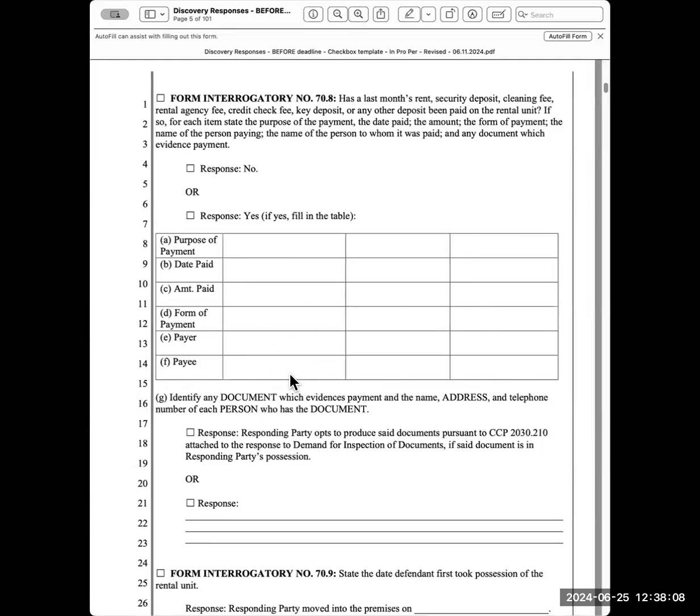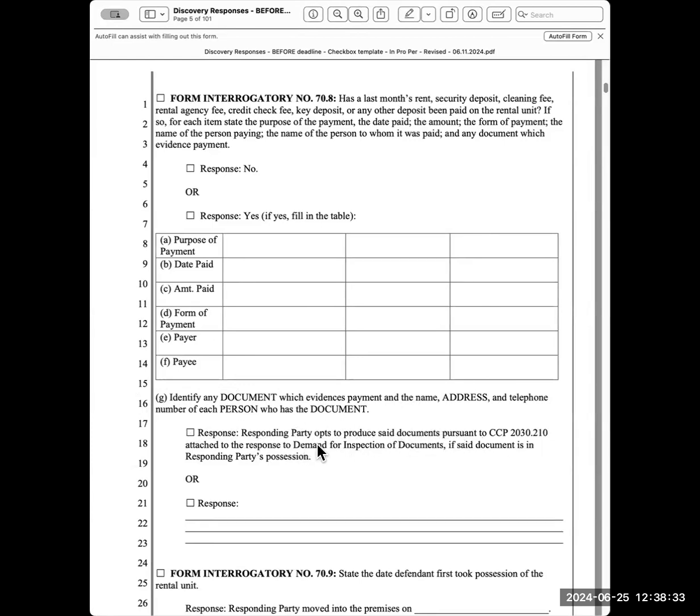If you have evidence of those payments, you would put those in your trial binder, your exhibit portion of your trial binder. And this answer is basically saying, if you check here, you're saying, yes, I have documents. If I have those documents, I'm going to put them in my binder.